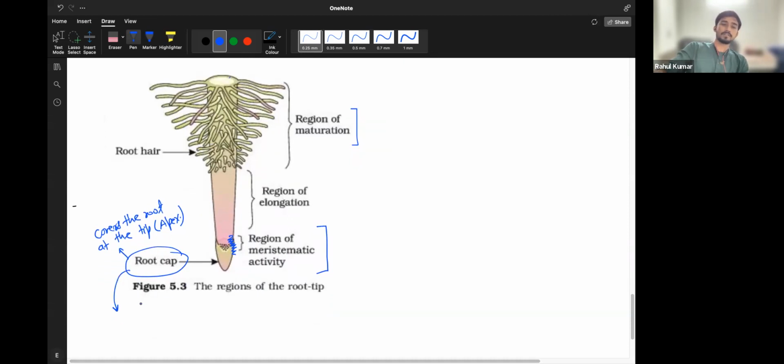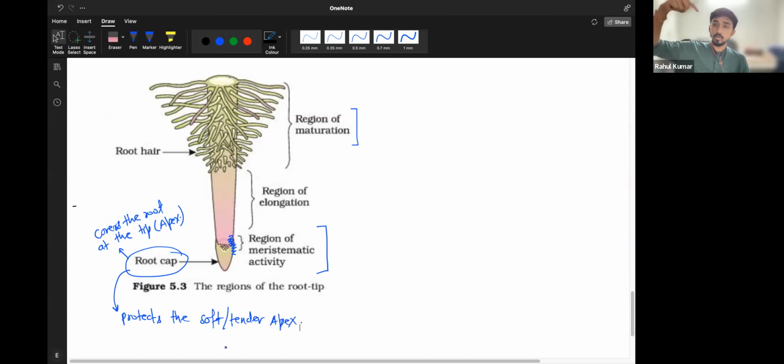Let's also write down about the root cap first. Write down: root cap plays protective roles. It protects the soft, or you can say tender, apex.